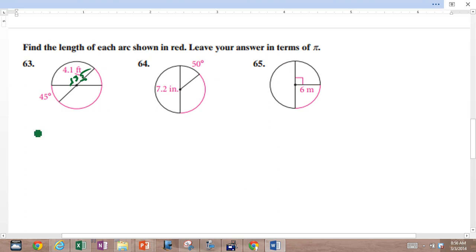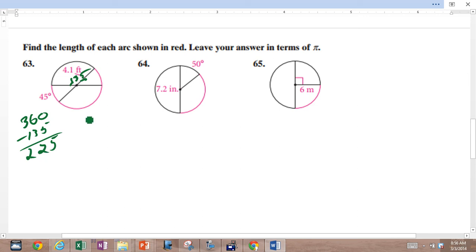We could find the arc at 135, or we could subtract from 360 minus 135, which of course would be 225.